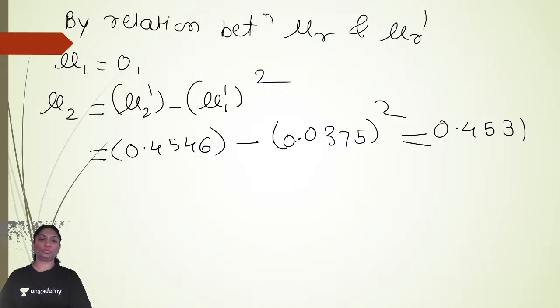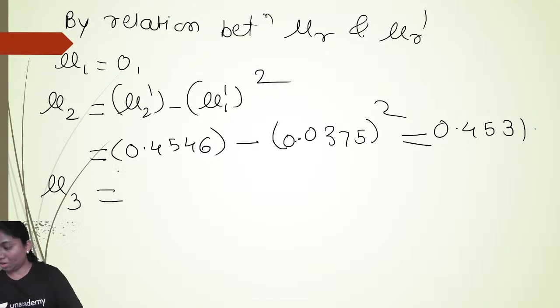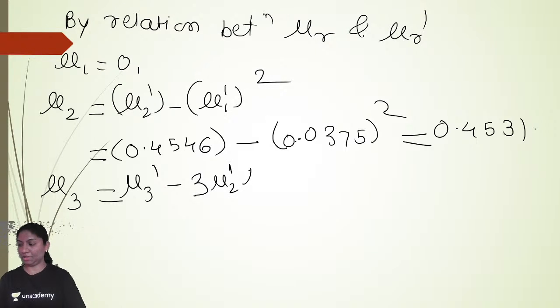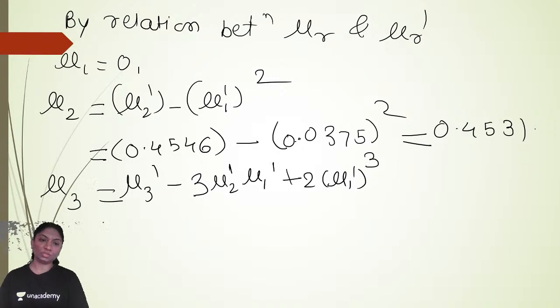Now mu3 is equal to mu3 dash minus 3 mu2 dash into mu1 dash plus 2 mu1 dash bracket cube. Just put in the values.